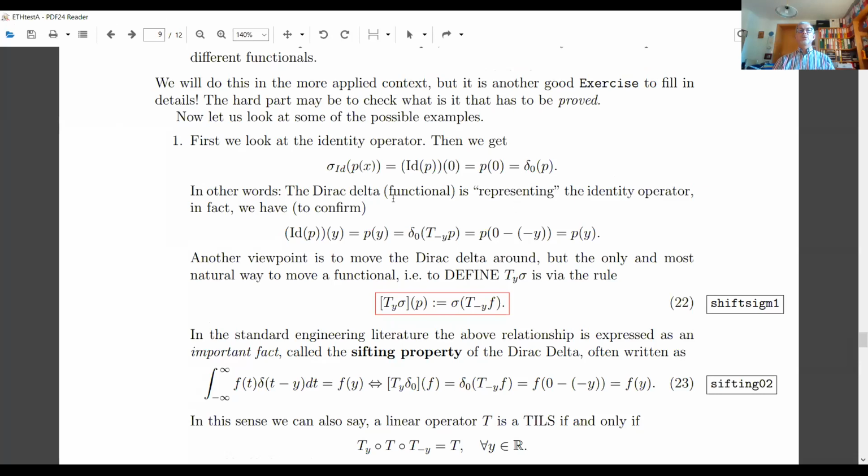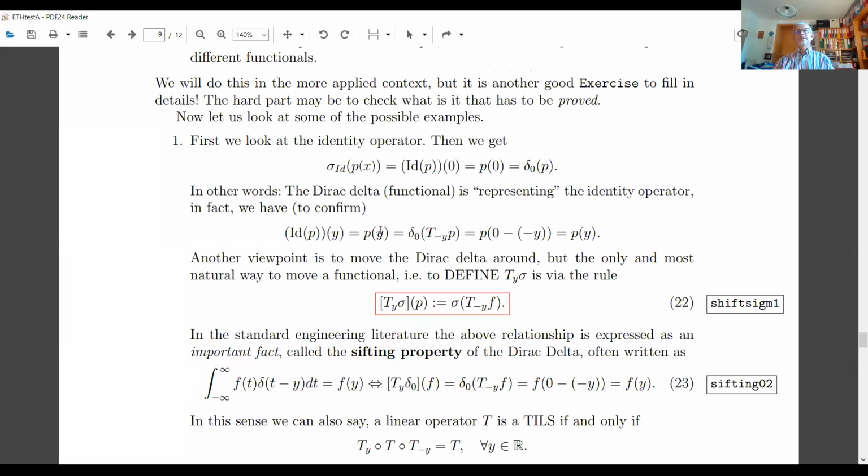And now, what you see here is that the identity operator corresponds, or the representing functional is the delta 0. I'm showing you the converse here now by saying, well, is the converse true? I mean, I'm asking, maybe I should write in a different way. Is it true that the identity of P is coming out when I do my recipe?